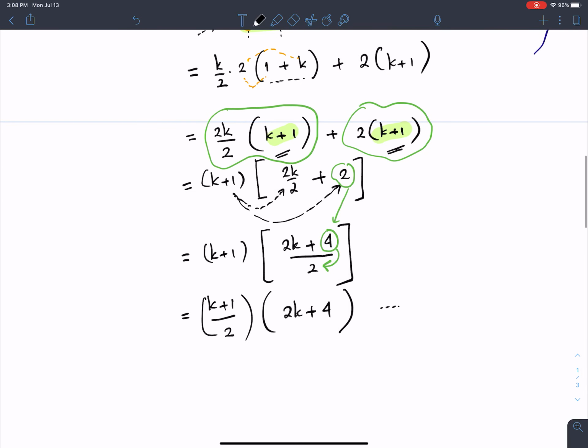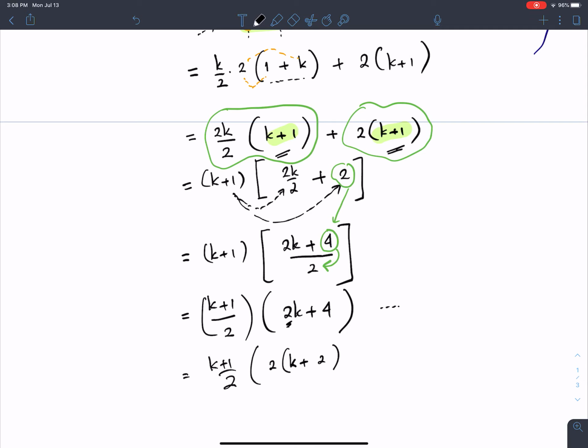Now we manipulate this one. So the outside part is already okay, k plus 1 over 2. The inside, if I take out 2, what are we going to have? So we are going to have 2 and then k plus 2. Okay, yeah? k plus 2.